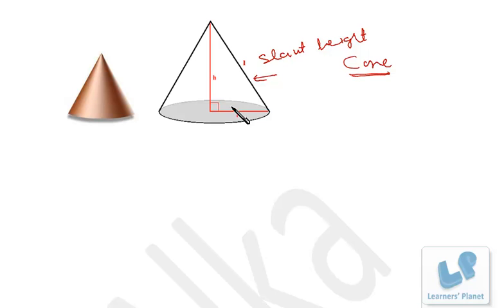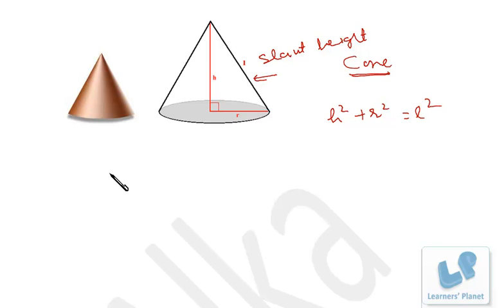Right? Now h, r and l, they are like sides of a right angle triangle. So h square plus r square will be l square. That is the Pythagoras theorem, right? Now the different areas in this case will be curved surface area and total surface area, right?